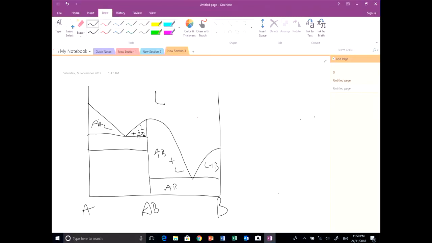Okay, AB plus B. What about the little rectangle on the left top? Sorry? What is it? And what's on the last rectangle? Huh? What is it?